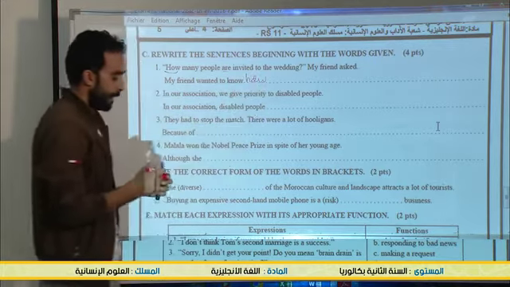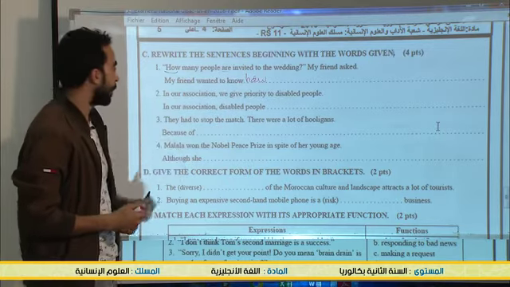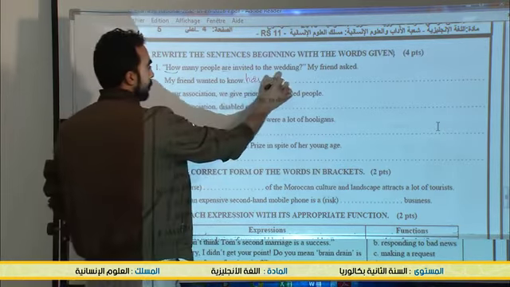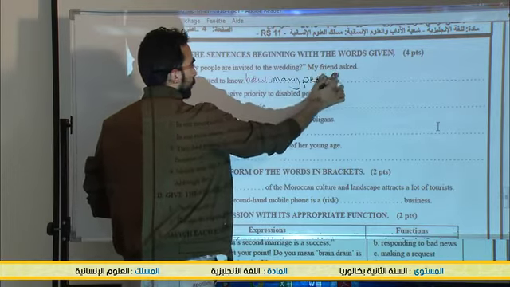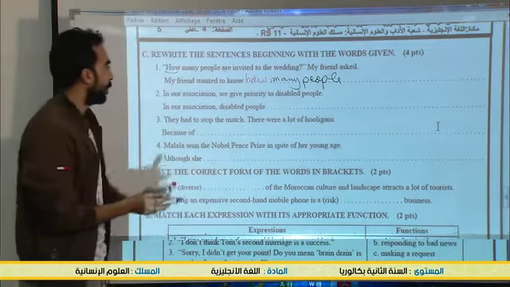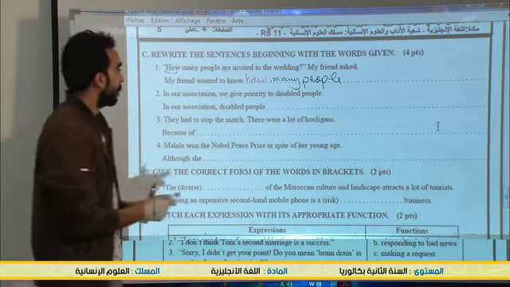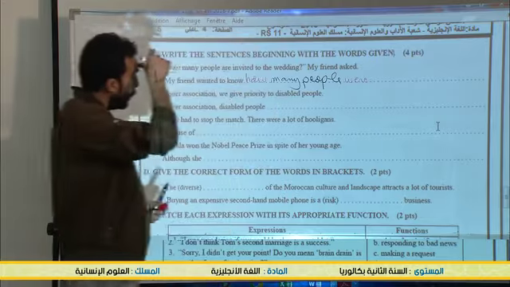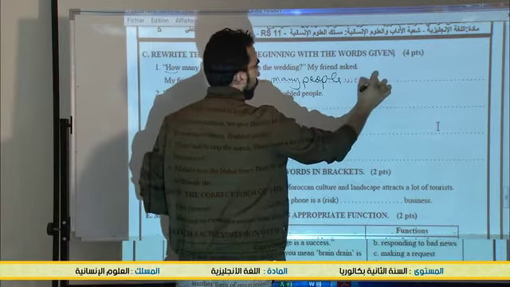So we keep it, and then we change, of course, the tense of the verb to be here. How many people? So this is verb to be in the present, so let's put it in the past. How many people were, of course, invited to the wedding?